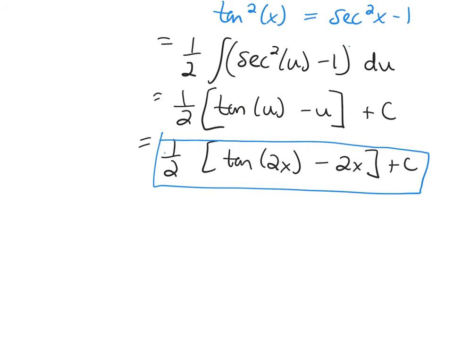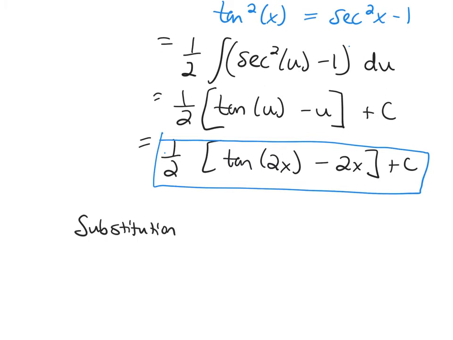So let's review what we went over. We mainly spent a lot of time talking about substitution. And the goal with substitution is it should take a complicated integral and make it look a lot nicer and a lot easier.